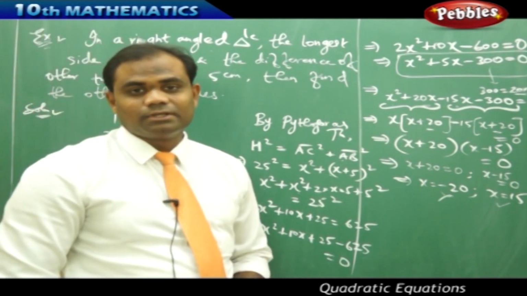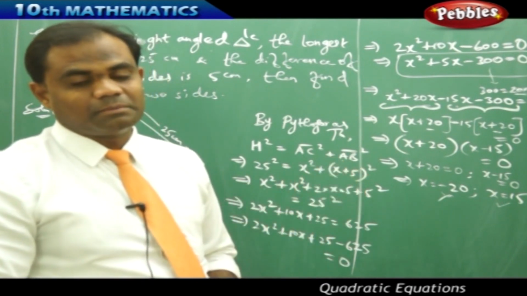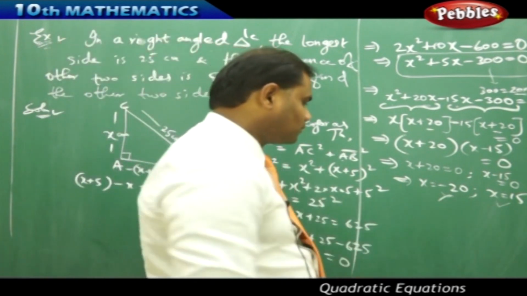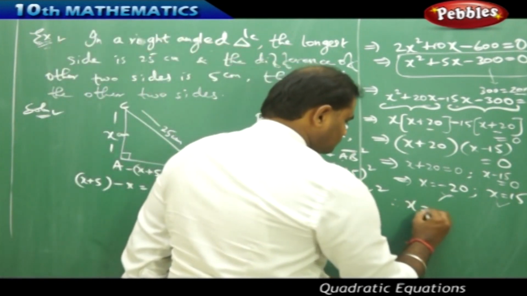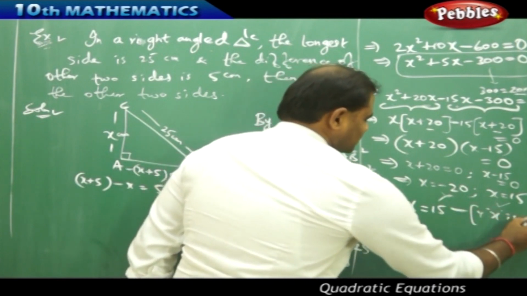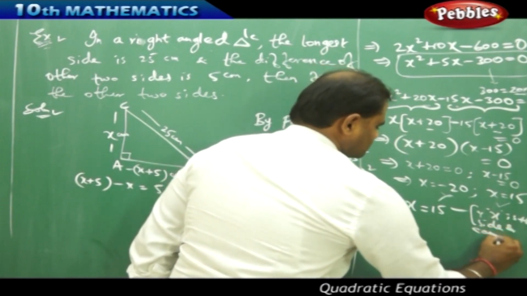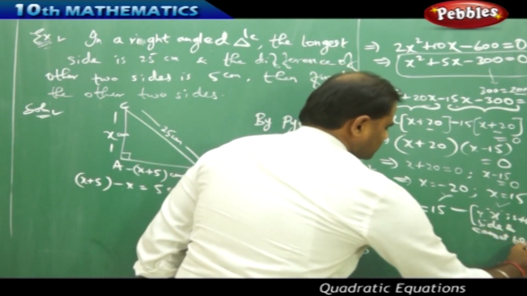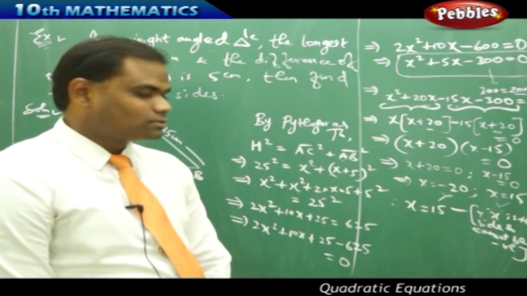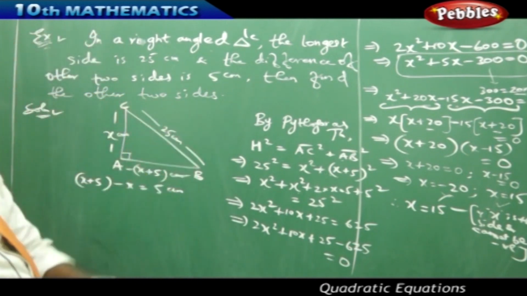It should always be a positive value because length cannot be negative. The magnitude is always positive. Therefore, x is equal to 15, since x is the side and cannot be negative.